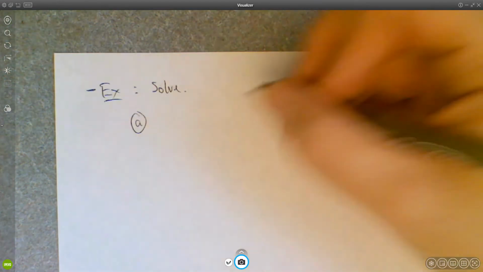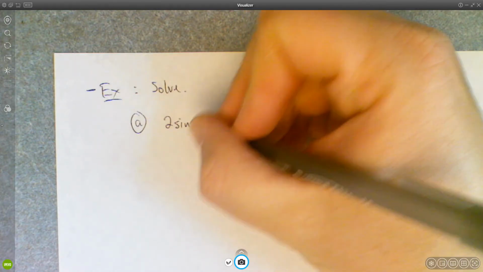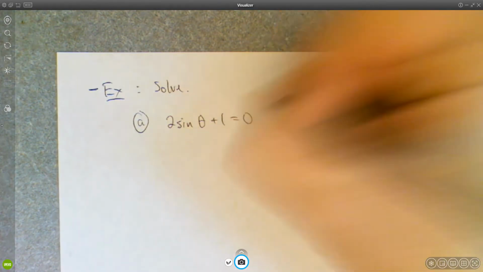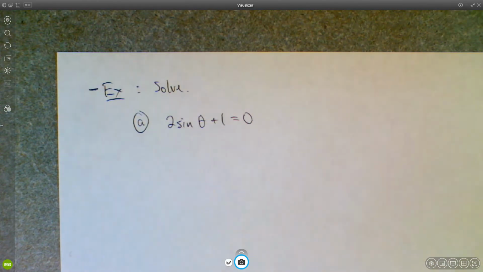Okay, so let's solve 2 sine theta plus 1 equals 0. My goal is to get this to look like sine x equals k, or in this case, since the variable is theta, sine theta equals some number. So I'm going to isolate the sine theta first and foremost, and you can do that using any of the tricks from your algebra days.